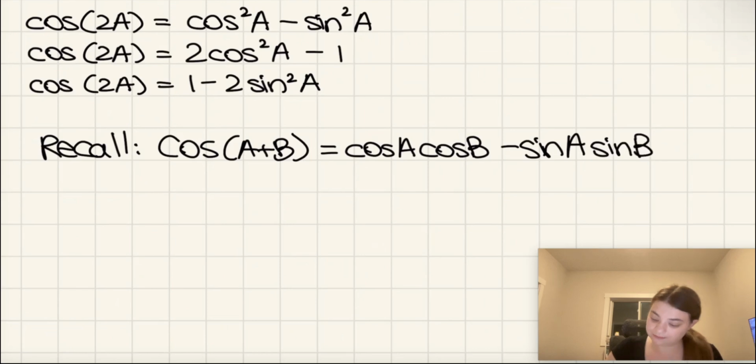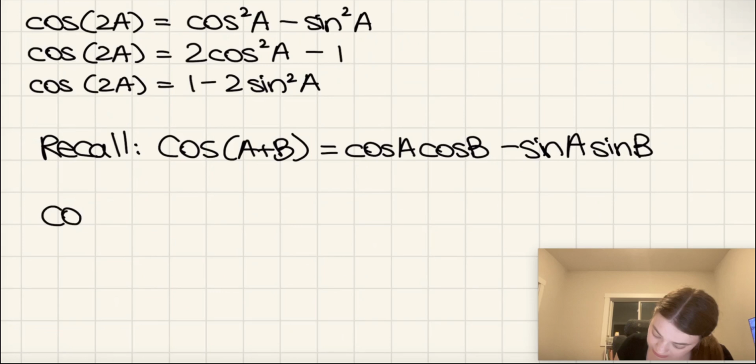sine B. Then I'm going to apply that to cos of A plus A, because keep in mind that 2A is the same thing as A plus A. Multiplying a number by 2 is the same as adding it to itself.